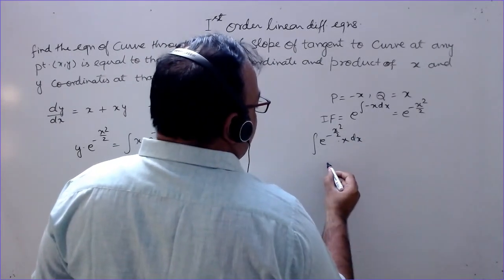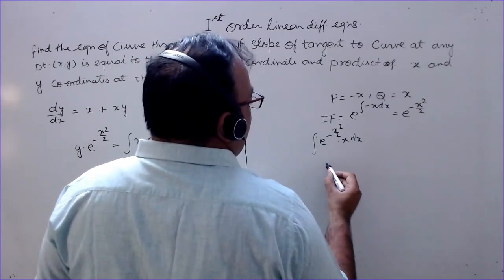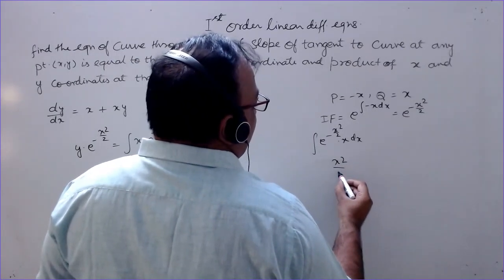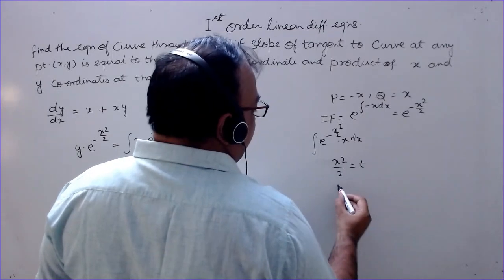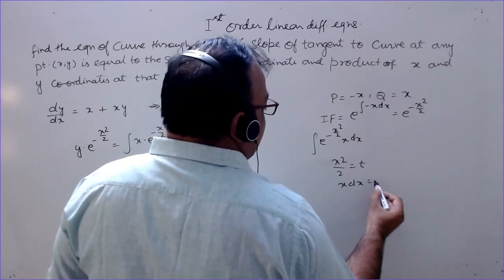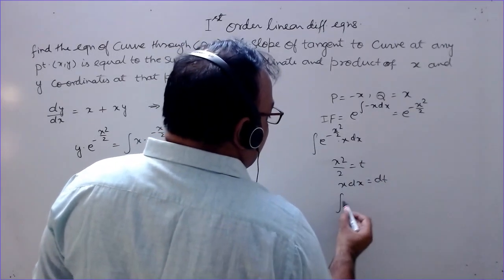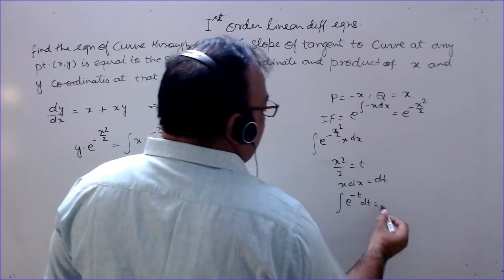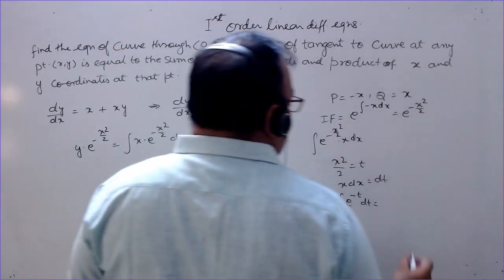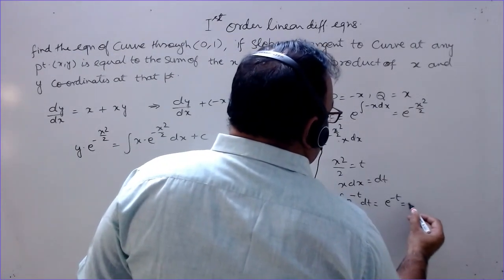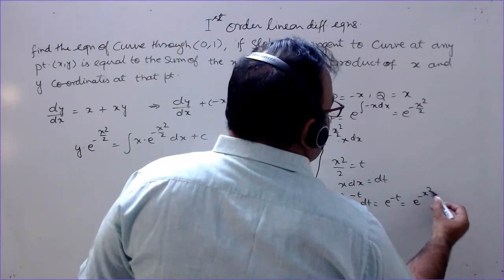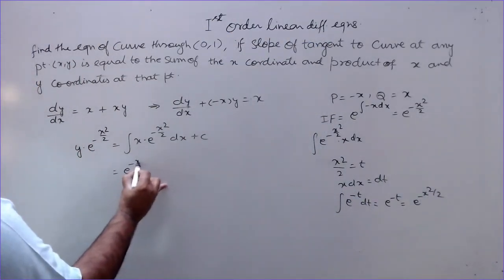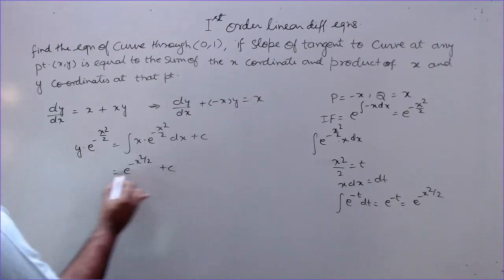If you substitute x square by 2 is equal to t, so differential gives x dx is equal to dt. So this is integral of e to the power minus t dt, or minus e to the power minus t. So putting the value of t, minus e to the power minus x square by 2 plus c.